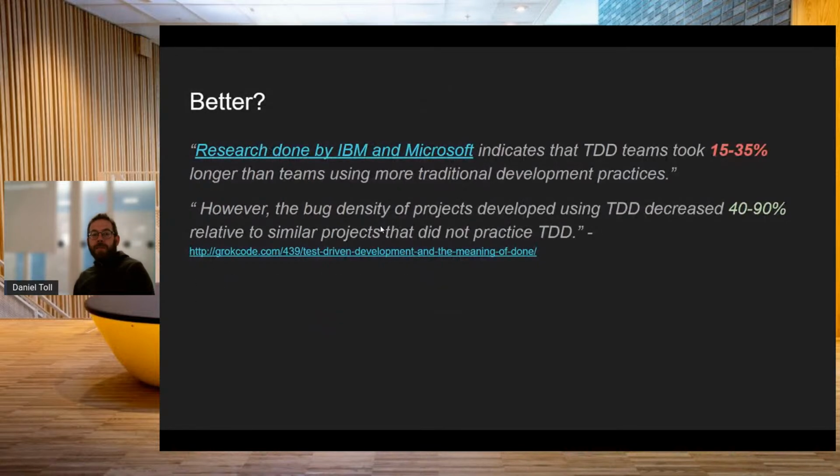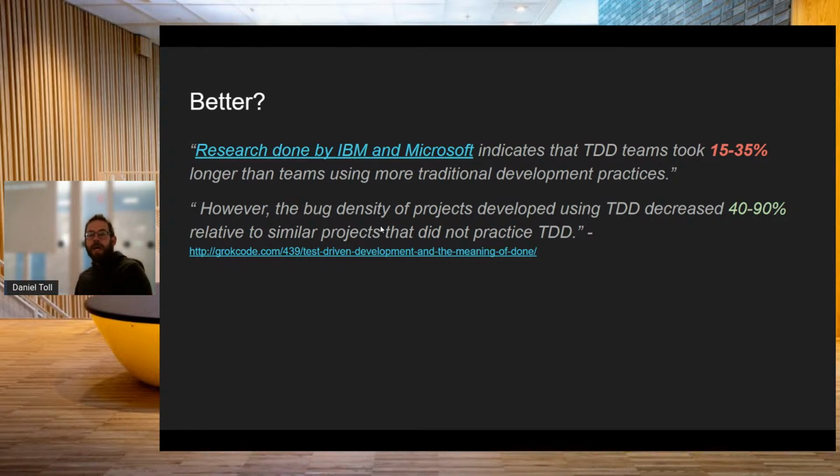So there has been a lot of research on TDD. This is actually a quite old study. There are many different studies. Some say that it took 15 to 35% longer to write code, and you're going to experience this. It's probably going to take like 200% longer, 500-600% longer, I presume, the first test you write, because you don't know how to do it. It's normal. You should learn.